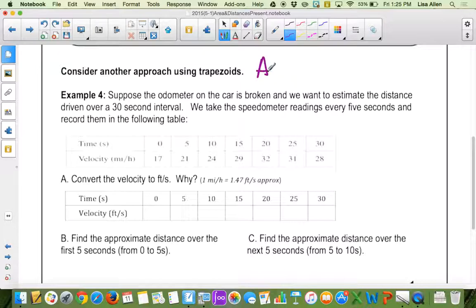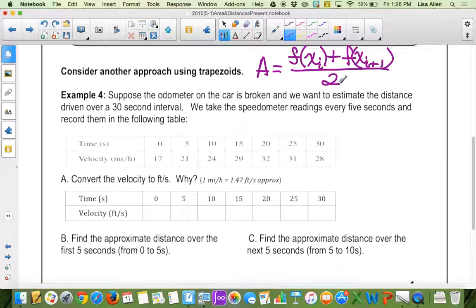Here, area is going to equal f of x sub i plus f of x sub i plus 1. So there's the first x plus the second x function over 2.